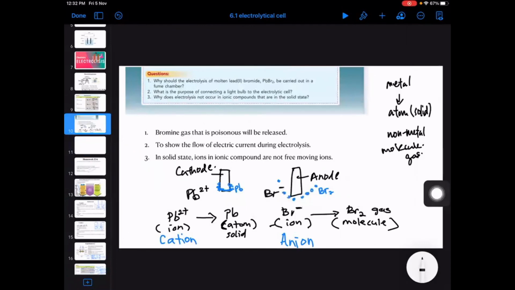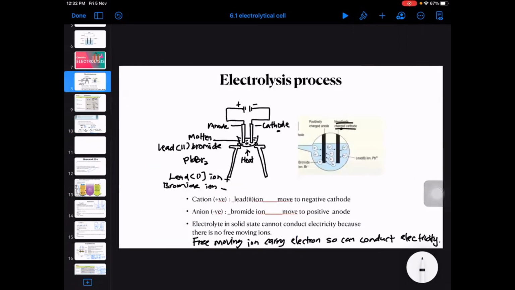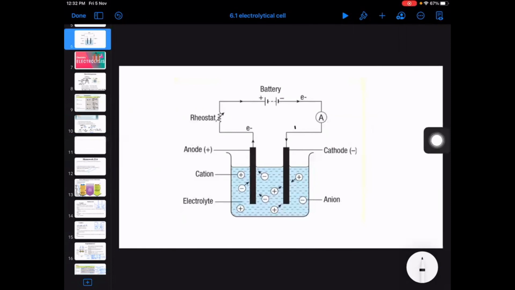This electron will go to the anode and go to the wire. Then this electron will go to the cathode, and at the cathode, the lead positive charge will accept this electron and become lead.